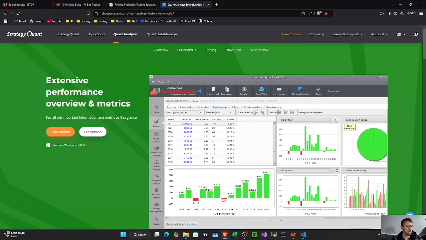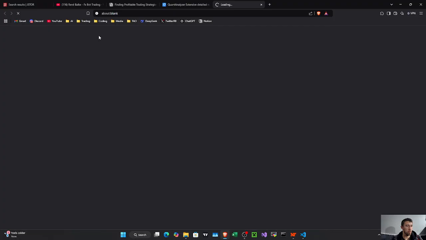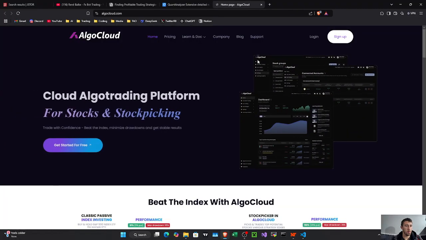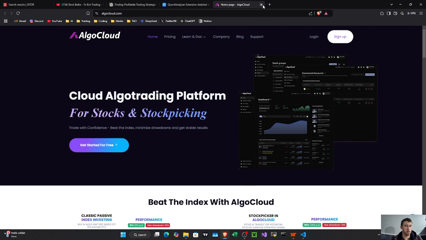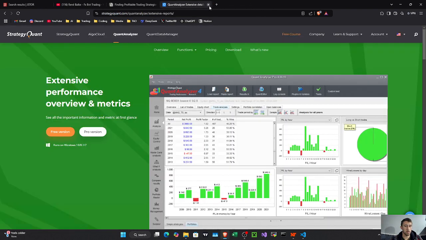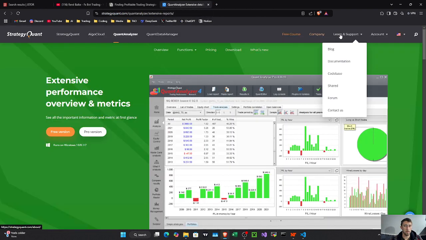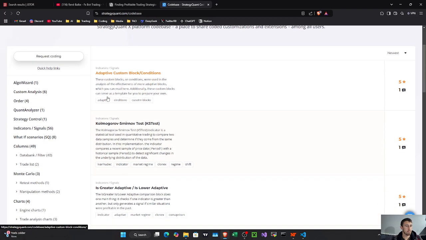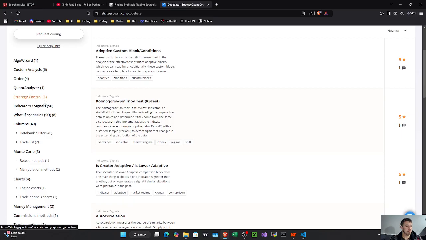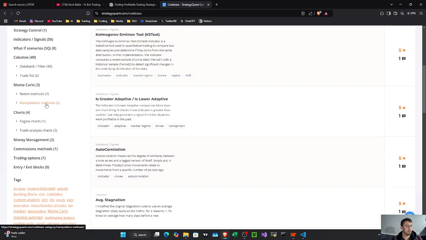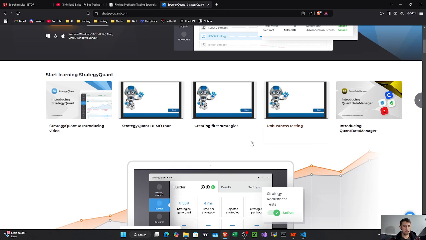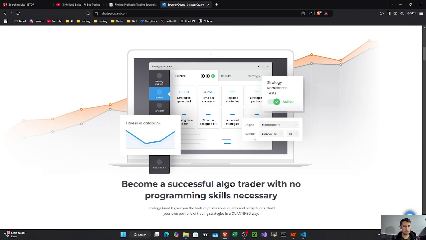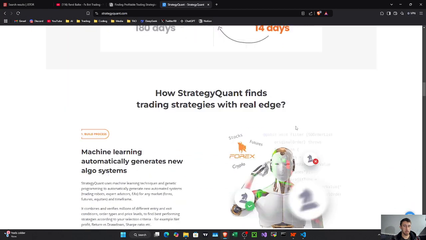So maybe I was using it wrong, but yeah, looks like it's more for stocks and for MetaTrader 5. Yeah, but this actually looks like a good option.